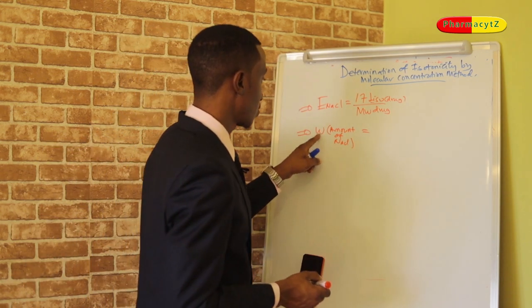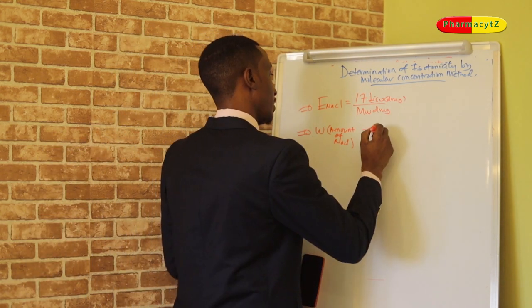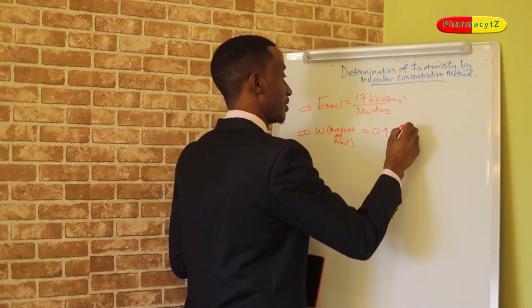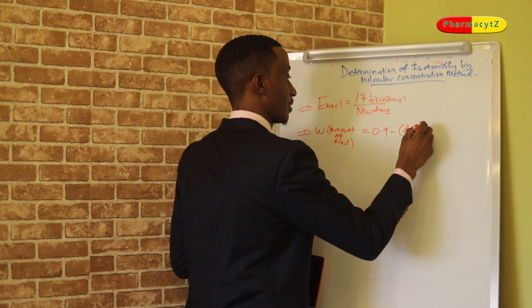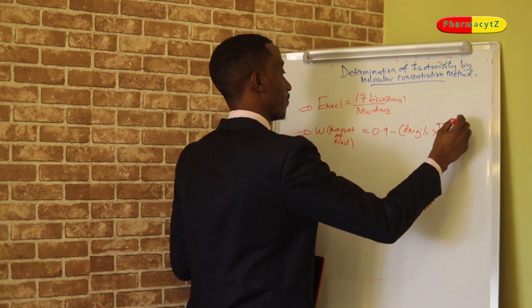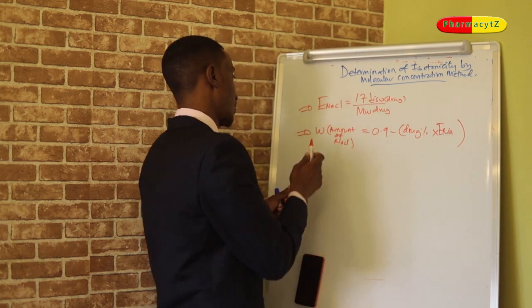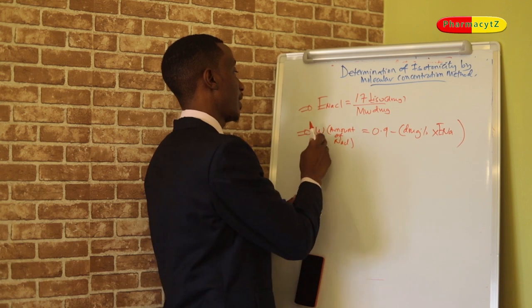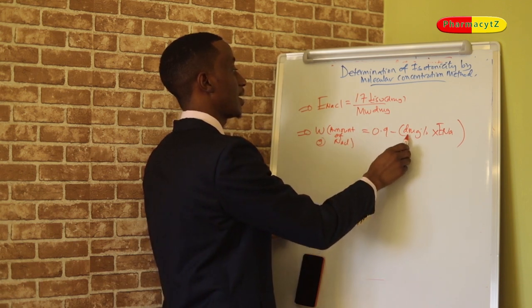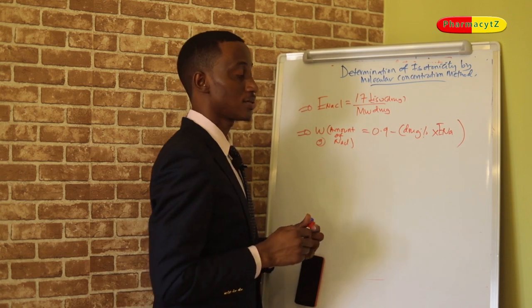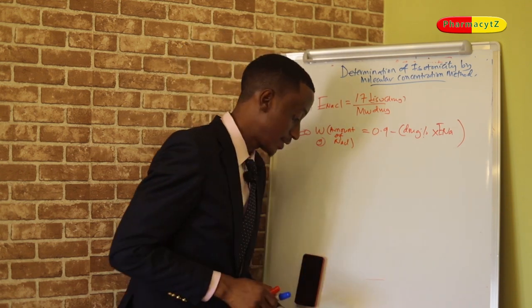In this sense, the amount of sodium chloride W is given by 0.9 minus drug percent times the sodium chloride equivalent. This amount will come automatically in grams in this formula. W is equal to 0.9 minus drug percent, meaning drug concentration, times its sodium chloride equivalent.